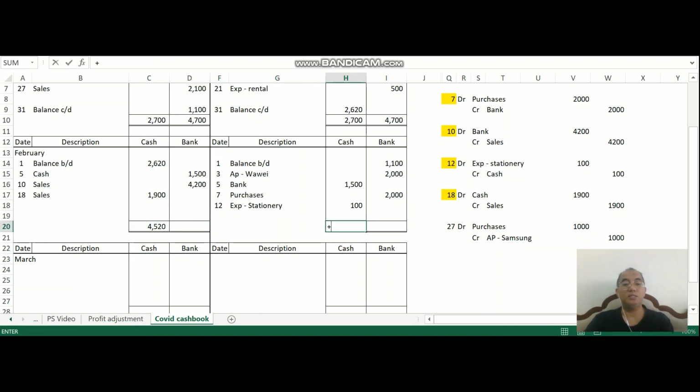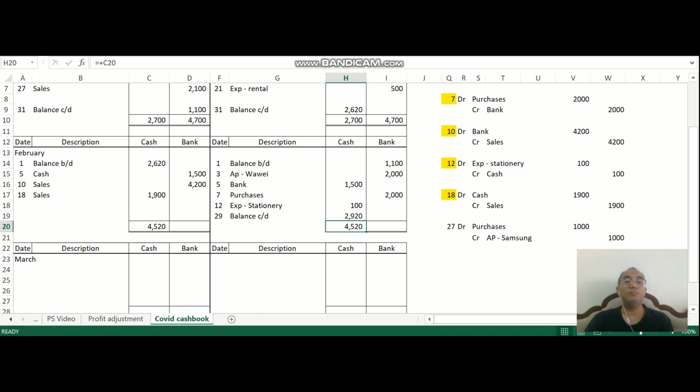So I take this as a base at the credit side, and I want to find my balance c/d. February this year is 29th. Okay, February 29th. So 4520 minus 1005 minus 100. So that is my balance c/d.